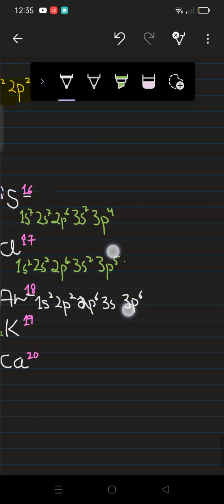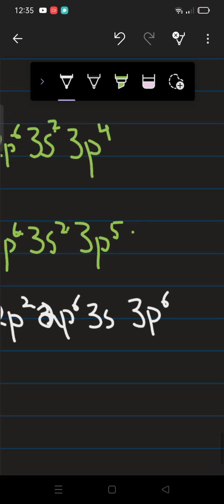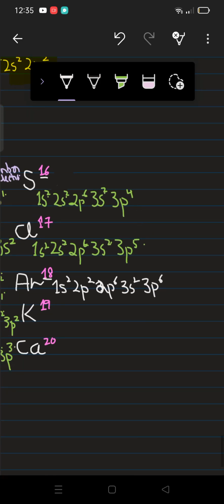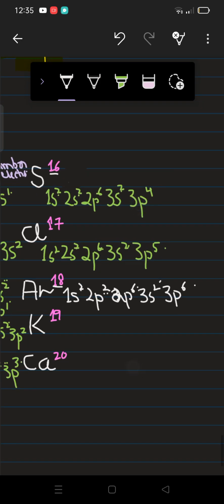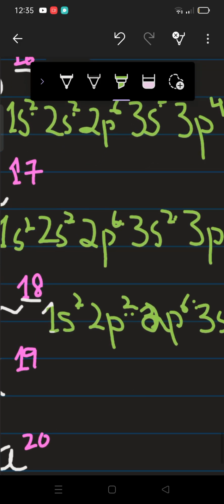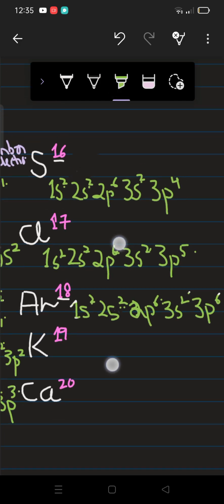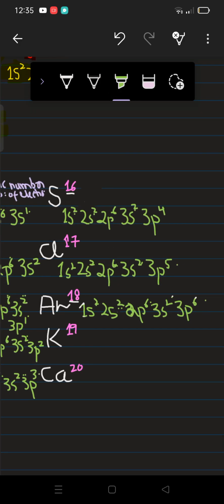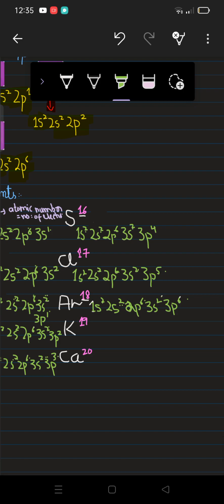Let's count the electrons. 2 plus 2 is 4, 4 plus 6 is 10, 10 plus 2 is 12, 12 plus 6 is 18. Sorry, I made a mistake here, it should be 2s2. So 1s2, 2s2, 2p6, 3s2, 3p6 is the electronic configuration of argon.